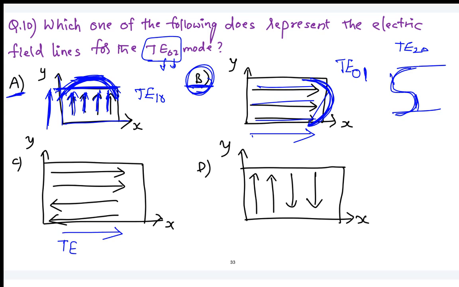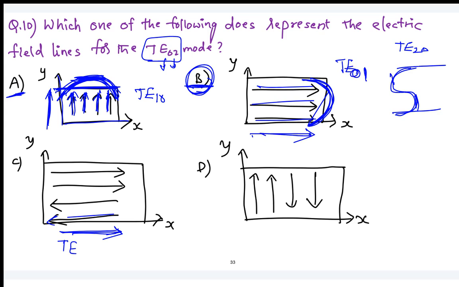Yes, first we are positive, then negative, so it will cancel out? No. When you are moving in the X direction, you are moving parallel, right? Are you able to see where the arrows are oriented? They are parallel to the X axis. Whenever it is parallel to the X axis, there is no variation.